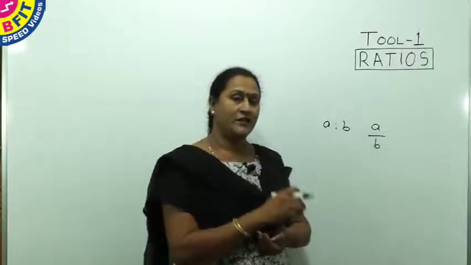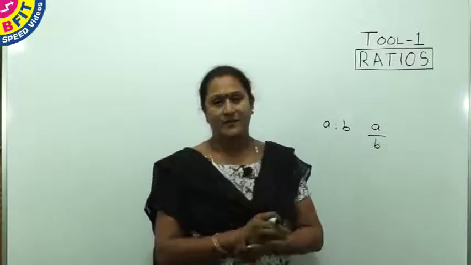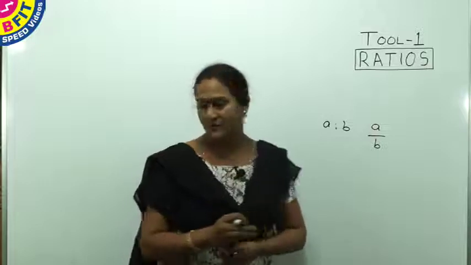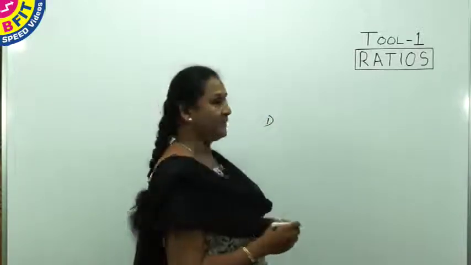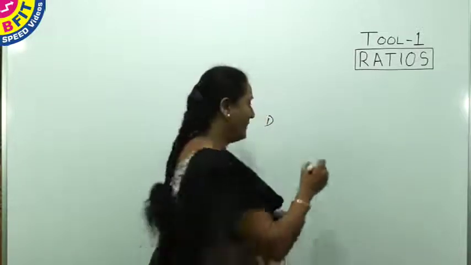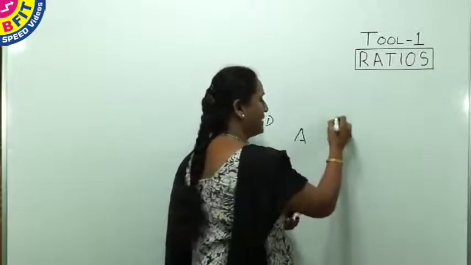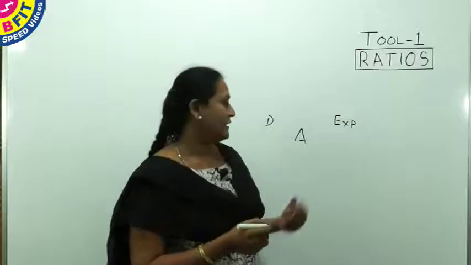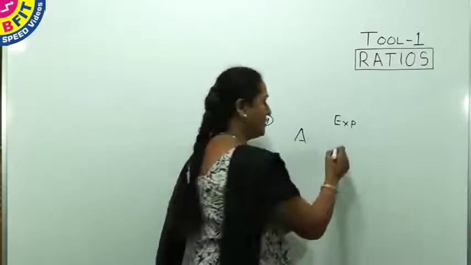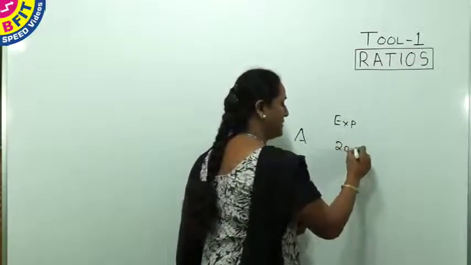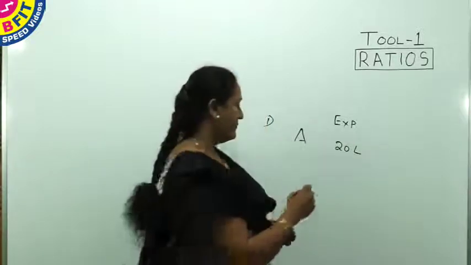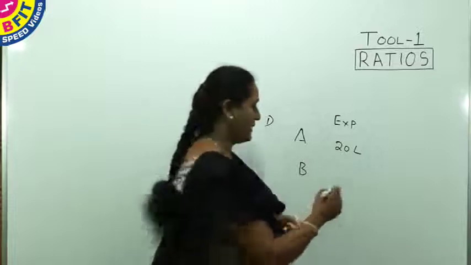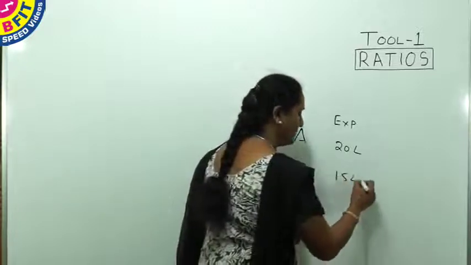Under ratios, we'll see a few concepts. The first concept is comparing two values. Say for company A, the expense on production is given as 20 lakhs, and for company B, the expense on production is 15 lakhs.